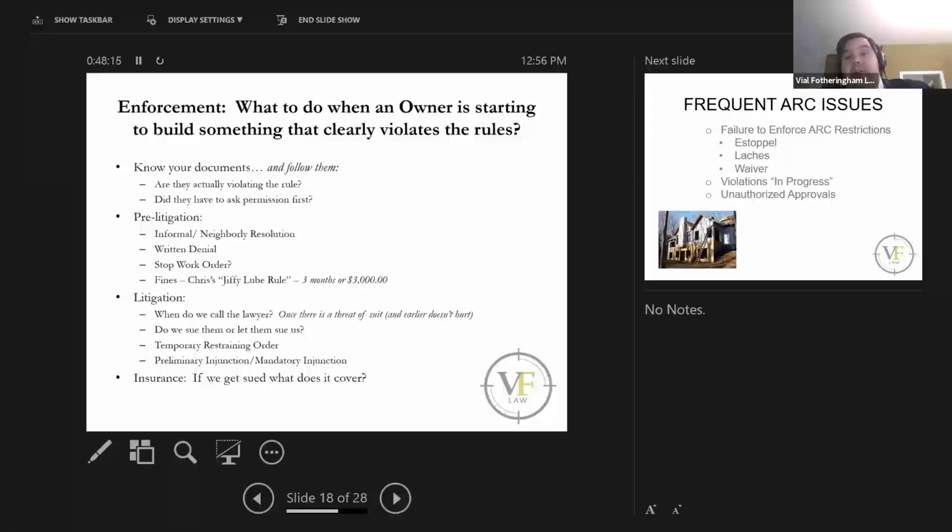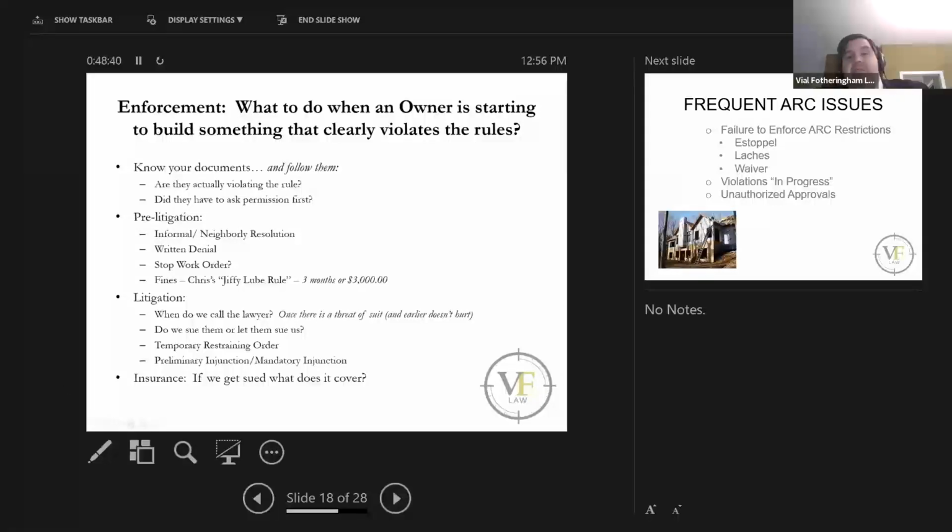And they're limited in duration. They typically only last 10 days or so, sometimes 14 days, but it's expensive. Most of the time what you're seeking is a preliminary injunction that buys you a little more time. And then at the end, the preliminary injunction turns into a mandatory injunction or permanent injunction.